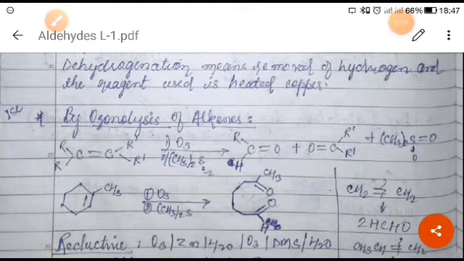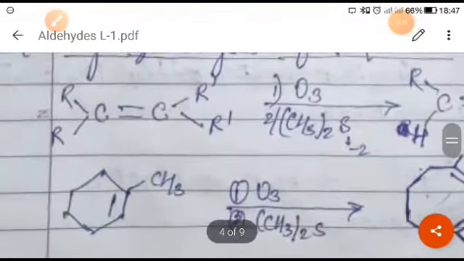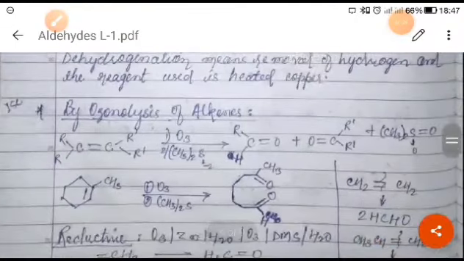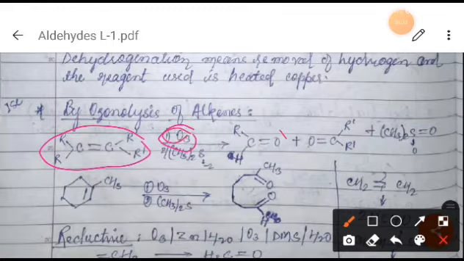Okay, so as you can see in the first part, we have taken one alkene. First of all, we have ozonolyzed this in presence of O3 and (CH3)2S, and we will get aldehyde, right?